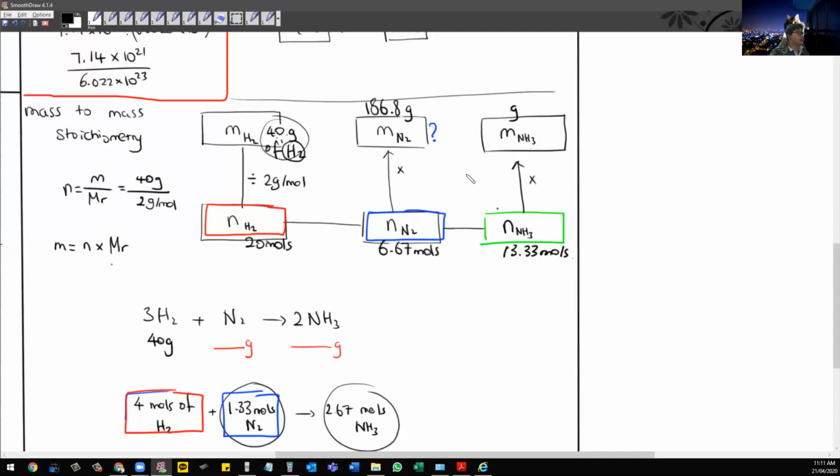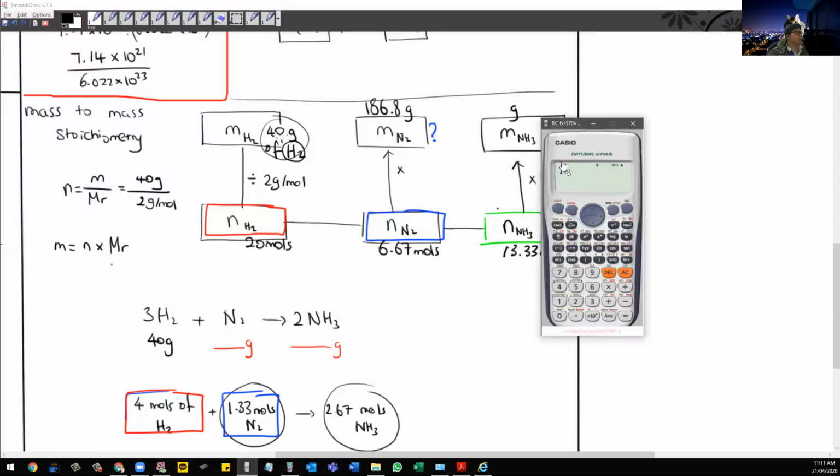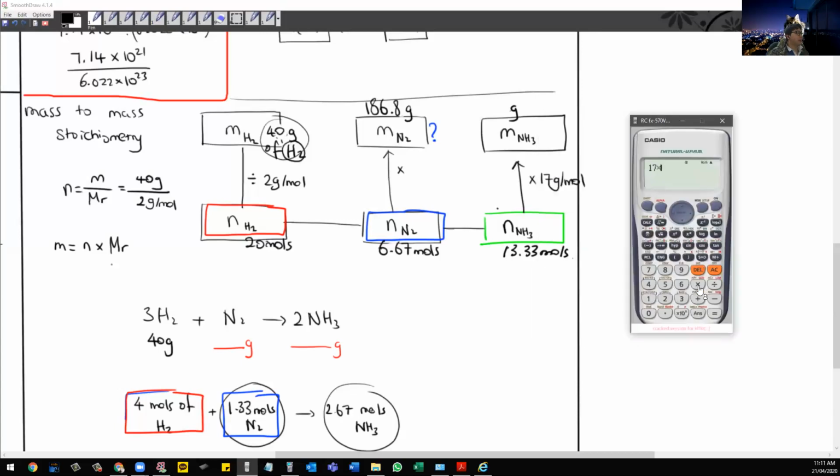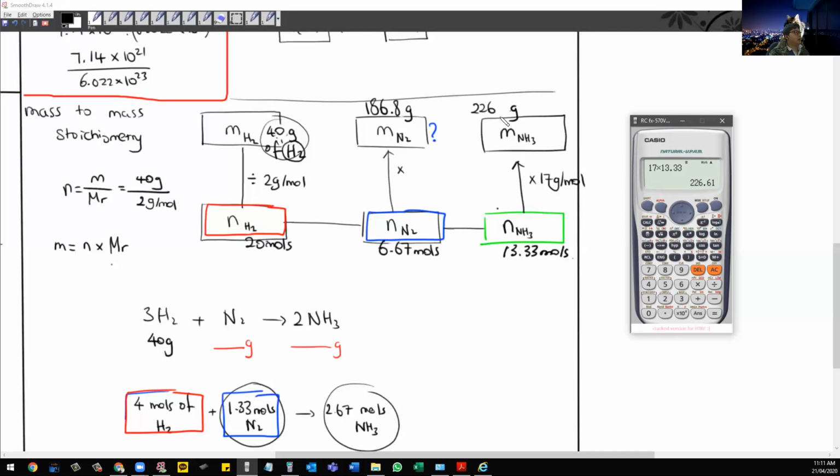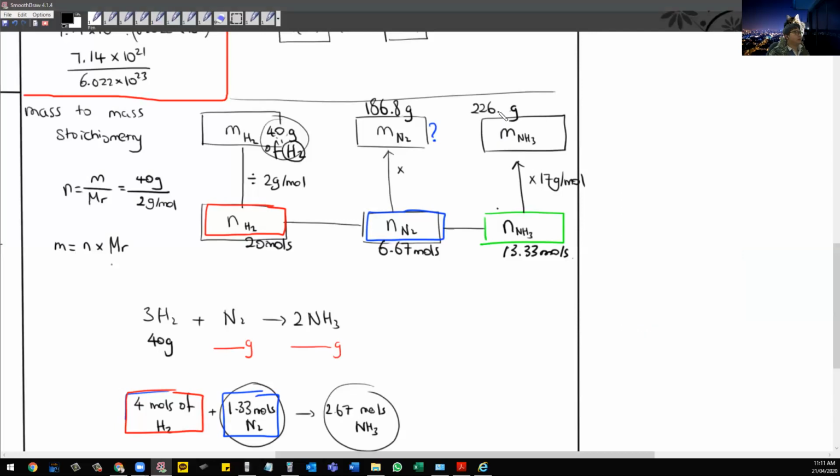Ammonia is 17, so you times by 17 grams per mole. So 17 times 13.33. So you get 226.61 grams. Okay. So this is known as mass to mass stoichiometry.